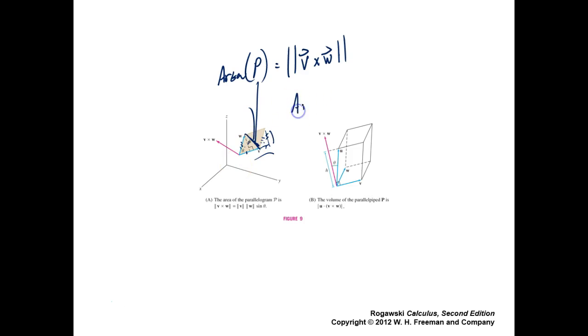So the area of the triangle, and that's this triangle here, okay? That would be magnitude of V cross W over 2, exactly half of it. That's the block they left off the slide set in the new book. Your book doesn't have that in here, okay?